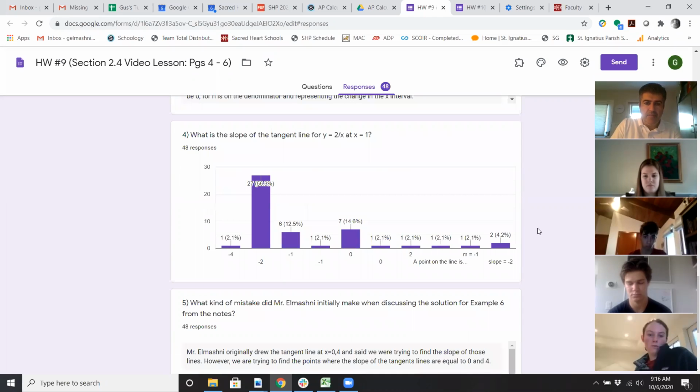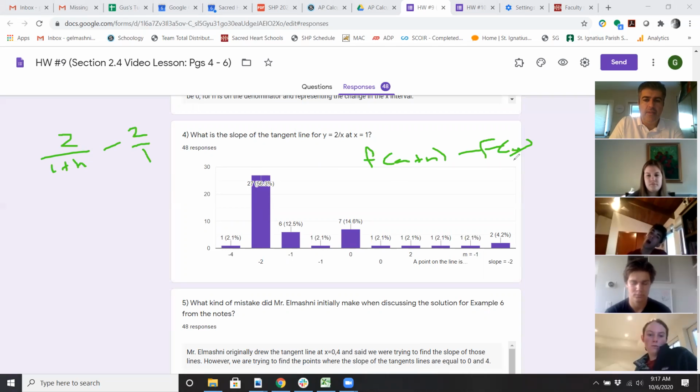This one here, for 2 over x at x equals 1, I believe the answer was, hold on, I'm trying to read that carefully. Let me work that out very fast. So this might be good for us to do really quickly. So 2 over 1 plus h minus 2 over 1, because remember, it's f of a plus h minus f of a over h.